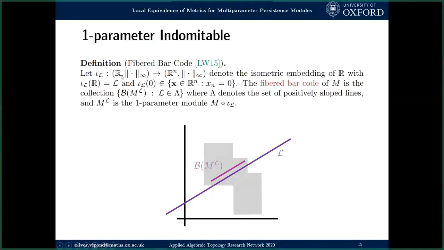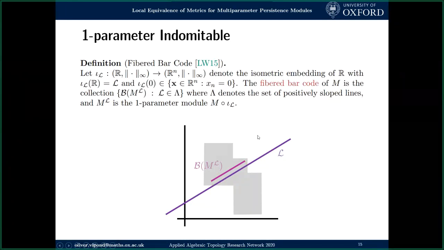So if we embed R in R^n as a line, here I've drawn in purple, then if we look at the multi-parameter module restricted to this line, which I'm going to denote by M^L, well then we have a one-parameter persistence module living along this line, which will have a barcode decomposition, because it's just a one-parameter persistence module.